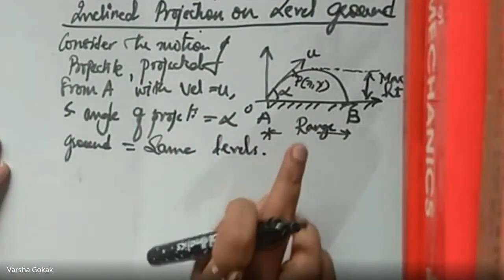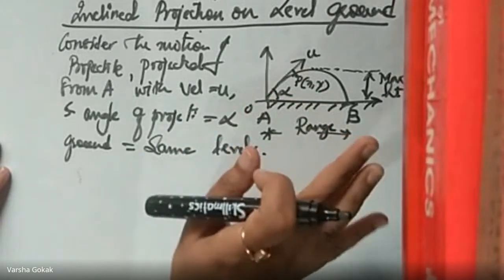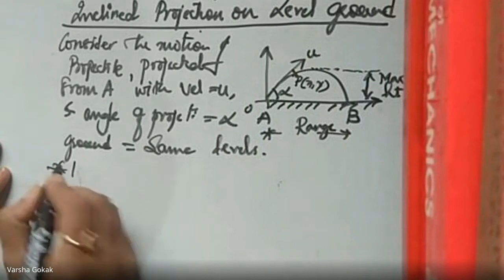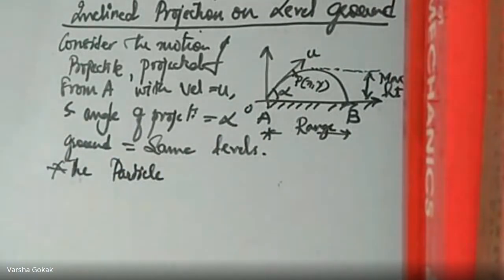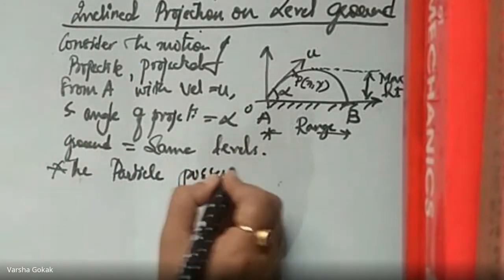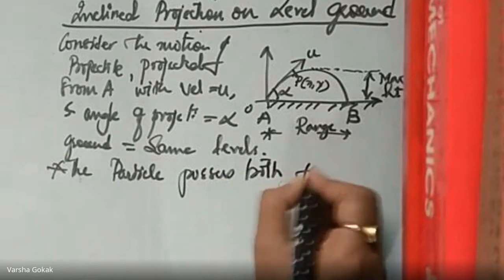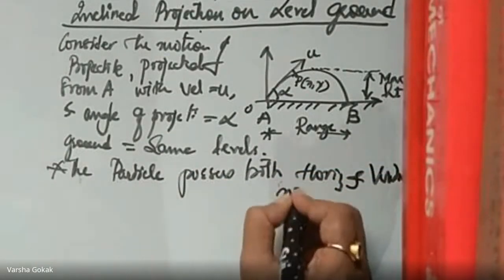Now this particle which is moving has motion in the vertical as well as the horizontal direction. So the important point is the particle possesses both horizontal and vertical motion.